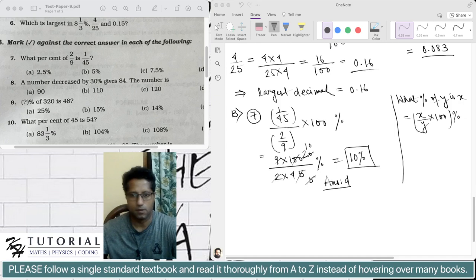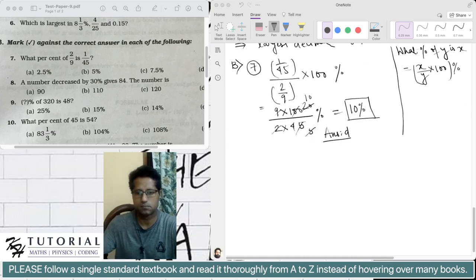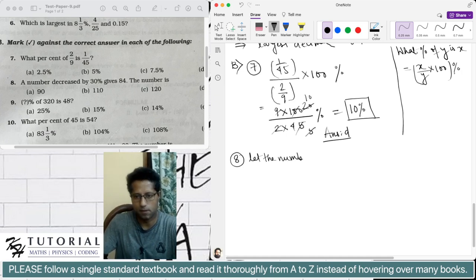Let's do problem number 8. A number decreased by 30% gives 84. The number is... Okay, so let the number be x.